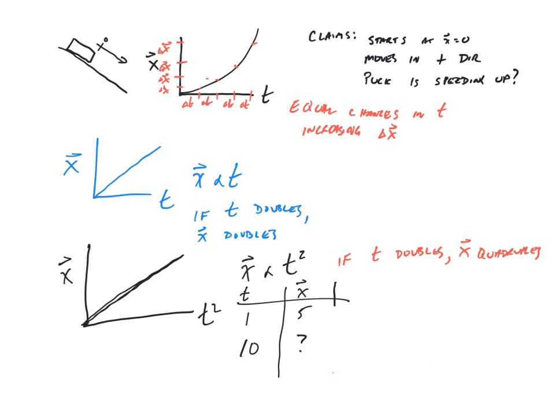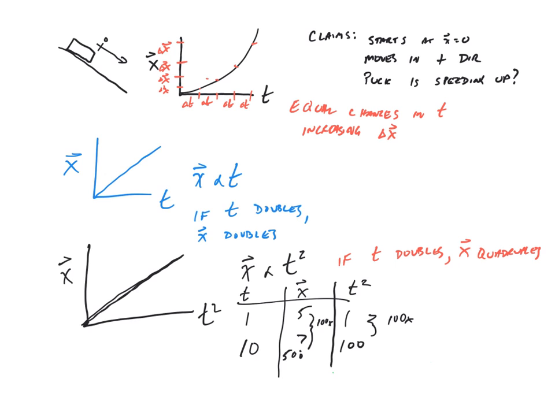Hopefully, you guys can see that we make a little column for t squared. 1 squared is 1, 10 squared is 100. So thinking proportionally, if t squared is changing by a factor of 100, then my position must also change by a factor of 100, which tells me that my position now is 500.